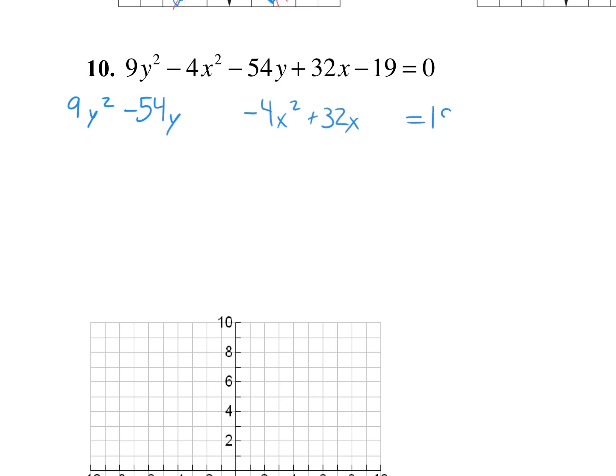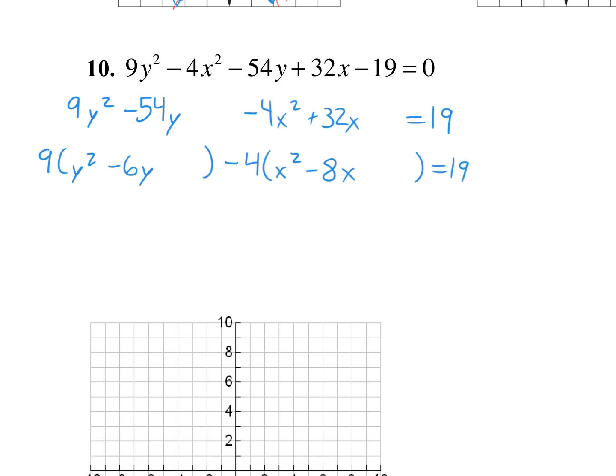I'm going to move that constant to the other side. First I want to remove the 9 from the y. Leave a gap. Take out the -4 from the x's. I get x squared. 32 divided by -4 is -8x.